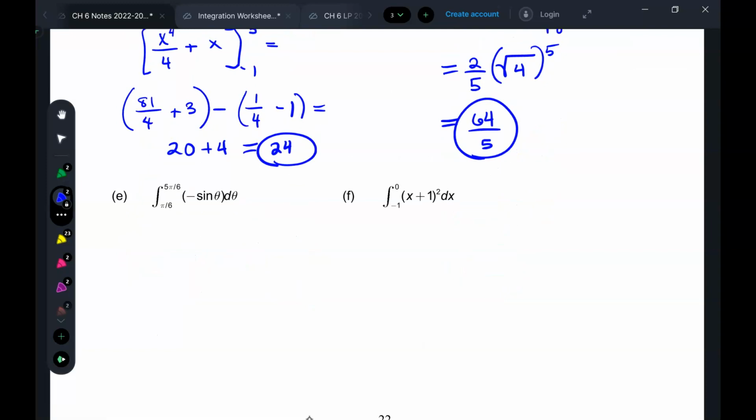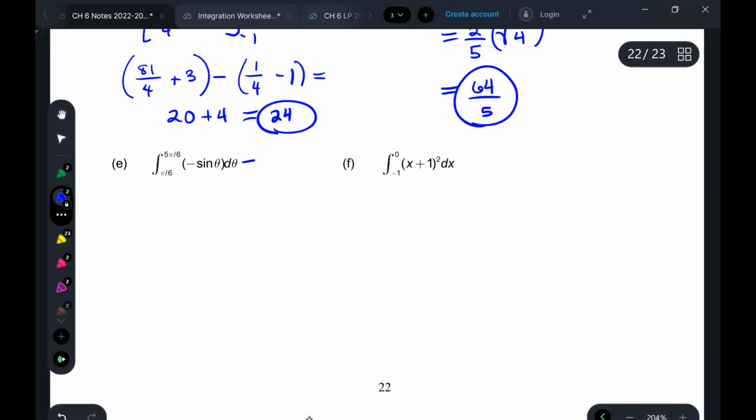Again, when it comes to the trig functions, it's usually just on the unit circle. They're not like any crazy values here. Okay, negative sine of theta d theta. Well, what's the integral for sine? Negative cosine. So it would just be positive cosine of theta.